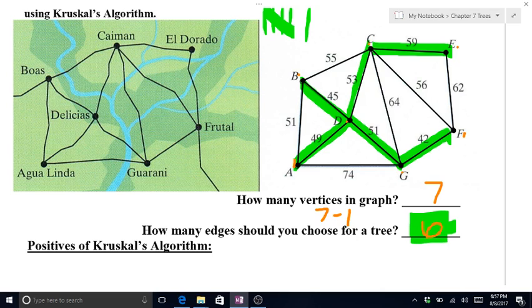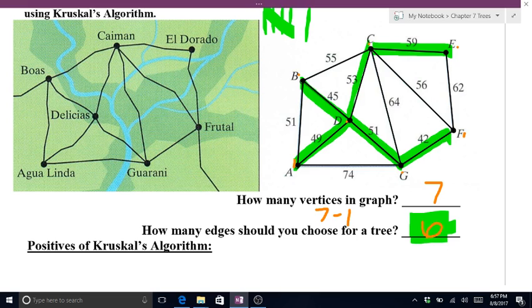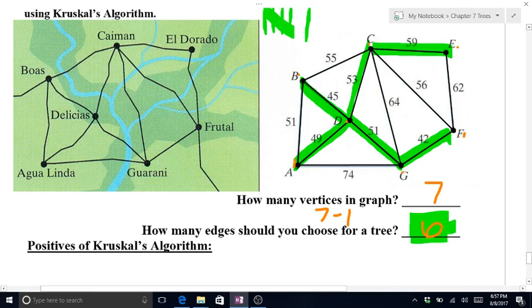So your final step then is to add up all of these numbers. So we're going to add up 45, 49, 51, 42, 53, and 59.